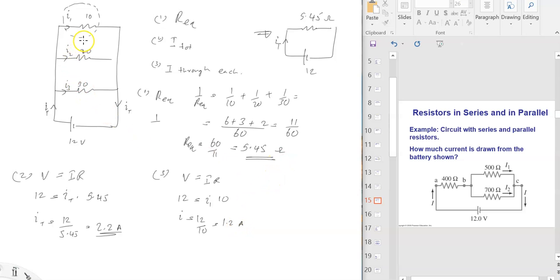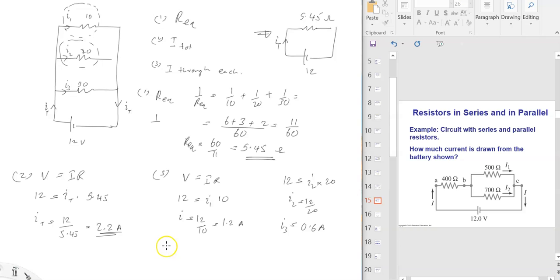Go to the second one. Again V equals IR, 12 equals I2 times 20, I2 is 12 over 20, so 0.6 amps.